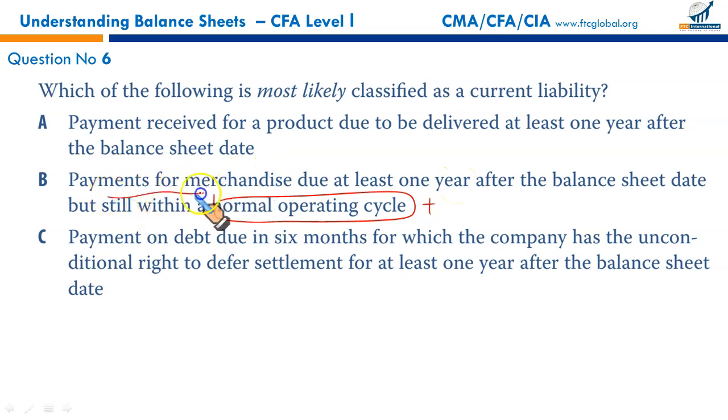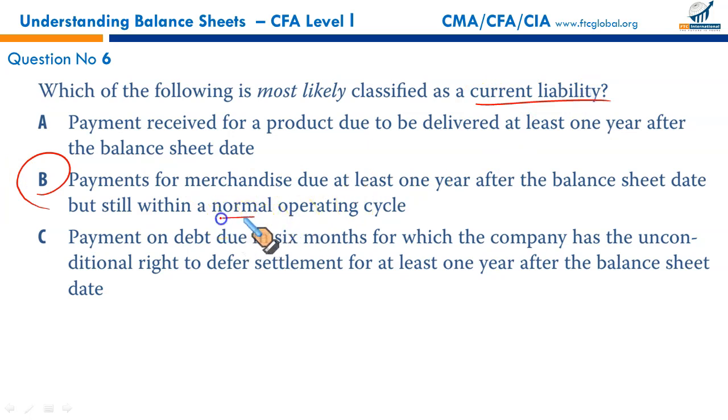Since this merchandise is to be delivered within the operating cycle, it is a current asset. The liability against it is a current liability because it is within 1 year or the operating cycle, whichever is longer. So that makes B the correct current liability because it has to be settled within the normal operating cycle. Why not C?